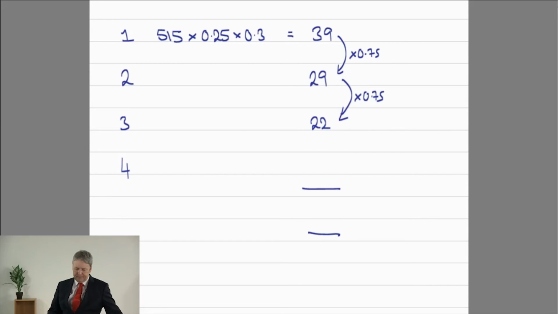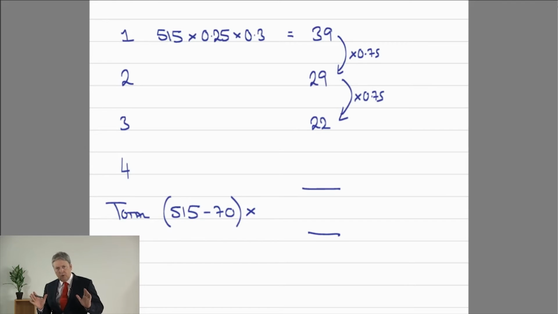What we say is this: if we look at our total capital allowances, couldn't we say that the asset was valued at 515? The asset will be valued at 70 at the end of the project. So we know in total terms that the overall asset is going to depreciate by 445 in terms of value.